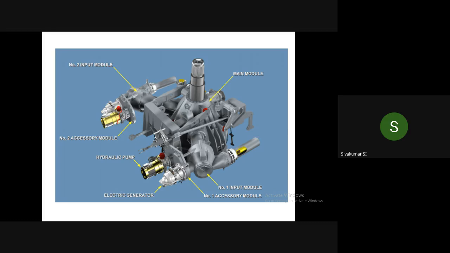This accessory module is shown as an electric generator and a hydraulic pump. So this side also has one hydraulic pump and one electric generator. These are all getting the drive from the same transmission system. Inside the transmission system, whatever drive shaft is coming from the engine, they also call it a quill shaft.